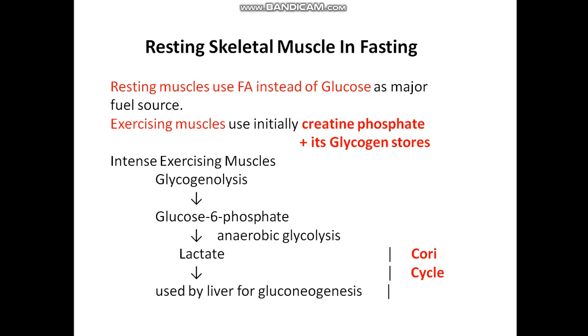Resting skeletal muscle in fasting: resting muscles use fatty acids instead of glucose, but exercising muscles initially use creatine phosphate and glycogen stores. In intense exercising muscles, what happens? Glycogenolysis gives glucose 6-phosphate, and in anaerobic glycolysis, lactate is produced and it goes to the liver for gluconeogenesis, and this is the Cori cycle.